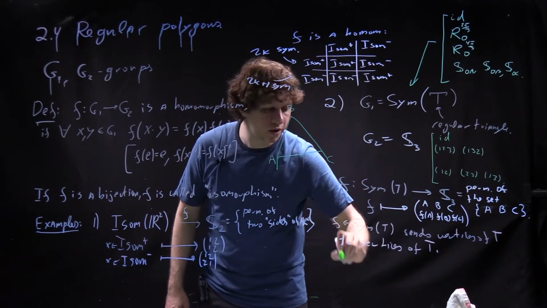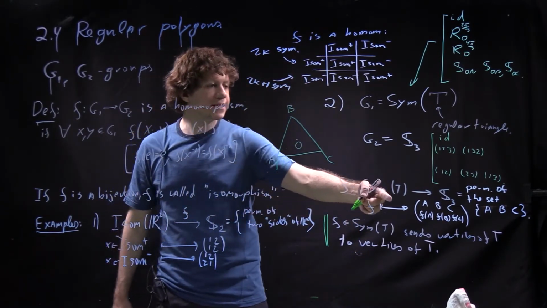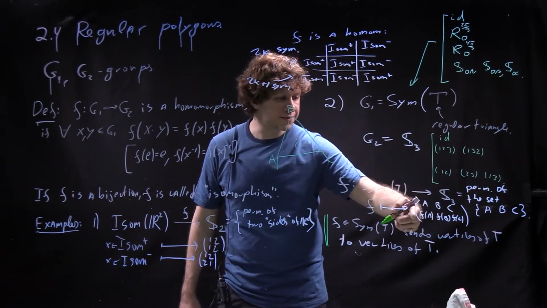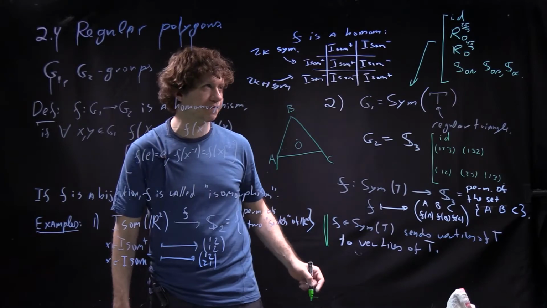I will discuss it in a minute, but if I assume that, then one can easily see that this gives a permutation of 3 elements which are vertices.